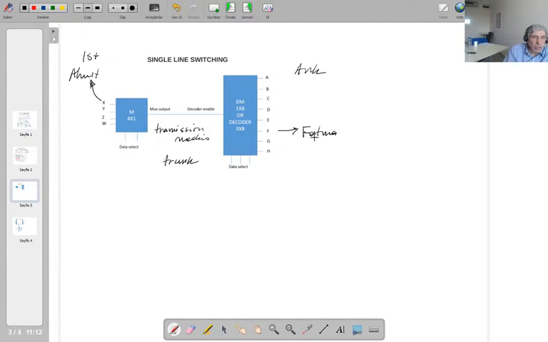How they are going to do that is to connect the A line, Ahmet's line, to this terminal of the line. So you're going to do this operation here. And here you're going to connect this trunk, the other end, to Fatma.